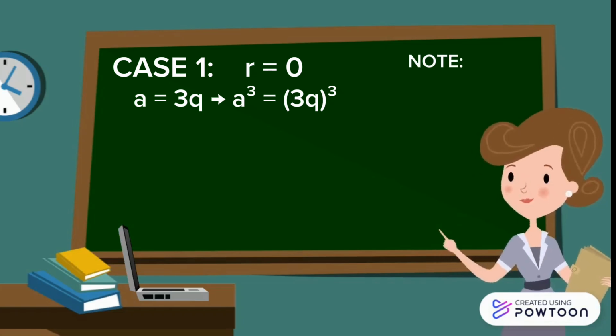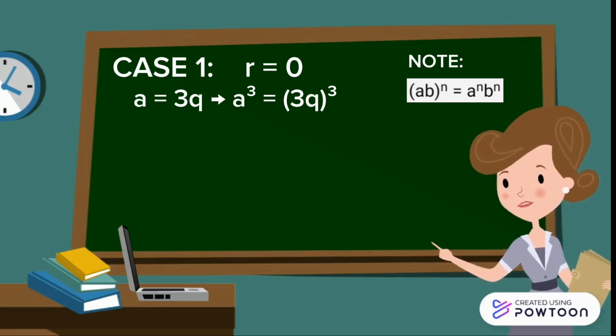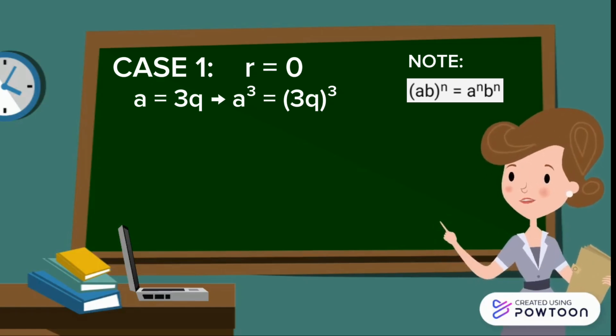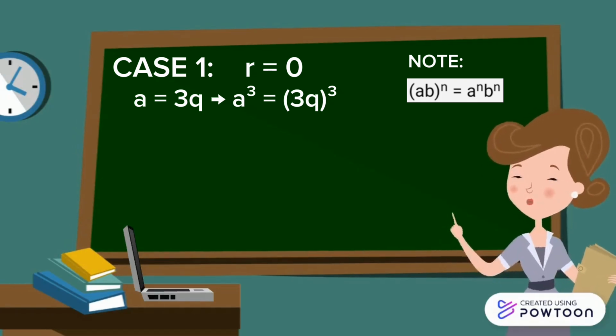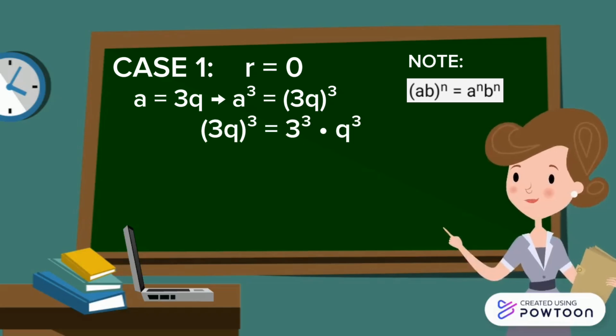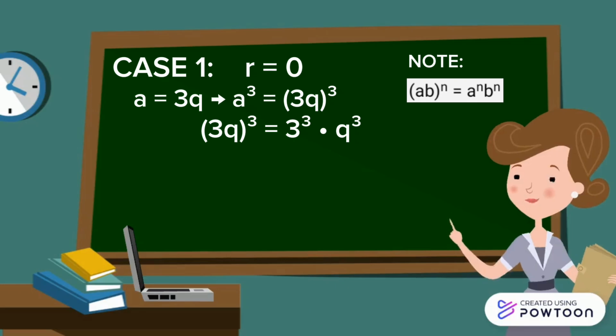Then, to simplify the quantity of 3q raised to 3, we can use the rule of exponents that states the quantity of ab raised to n is equal to a raised to n times b raised to n. Now applying the rule, we get the quantity of 3q raised to 3 is equal to 3 raised to 3 times q raised to 3.